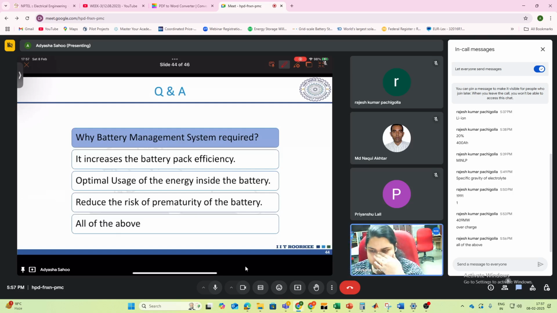Yes, we have seen it helps in increasing the battery pack efficiency because it helps in cell balancing, optimal usage of the battery, and then thermal control and monitoring. It also reduces the premature degradation of the battery. Hence, all of the above is correct.